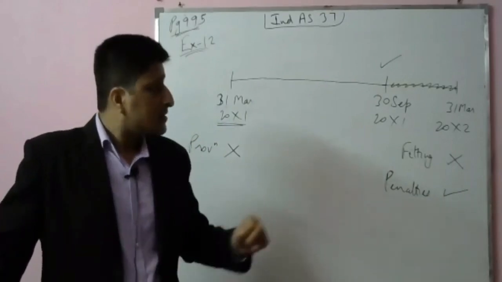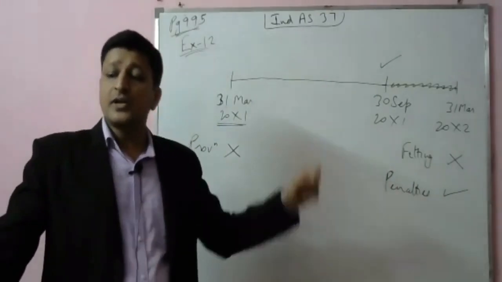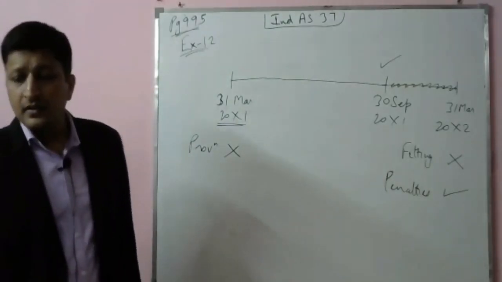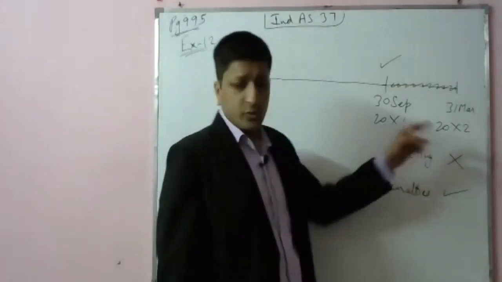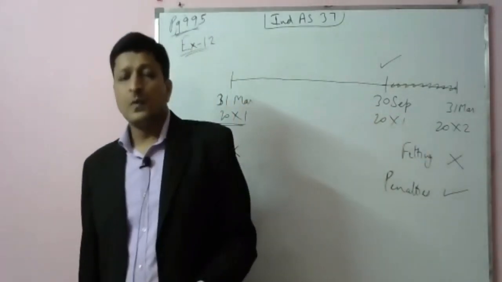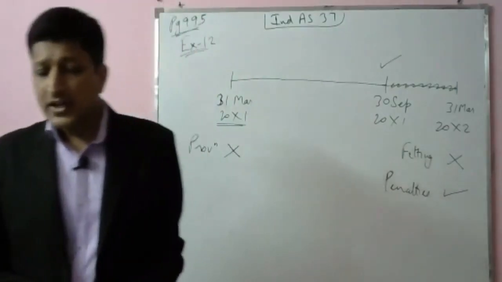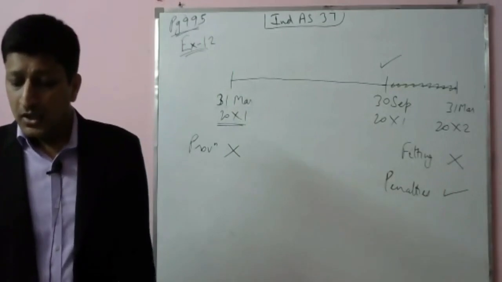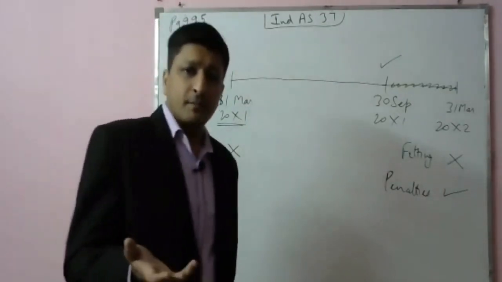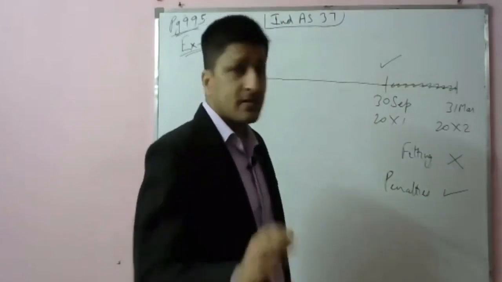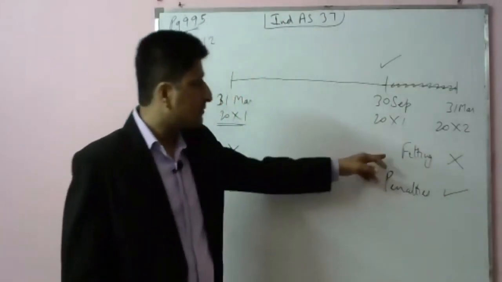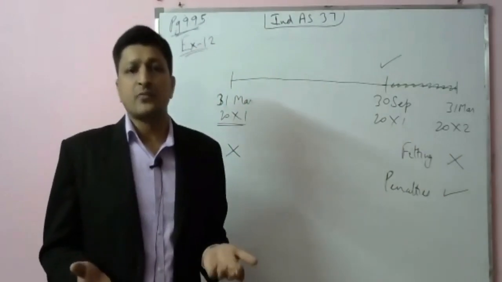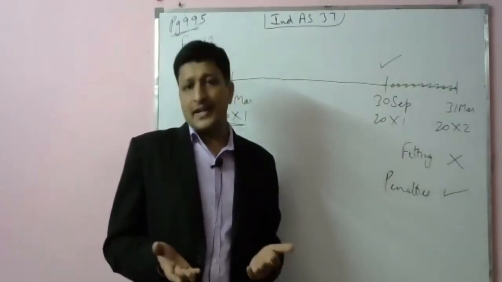Meena is asking, sir, why is the obligation not arising on the part of the company as at 31st March 2022? See, why is the obligation not arising? Because obligation arises due to some act of the company. In this case, the company has not acted on this. So let's suppose if the company wants to create a provision for fitting the smoke filters, when will that take place?